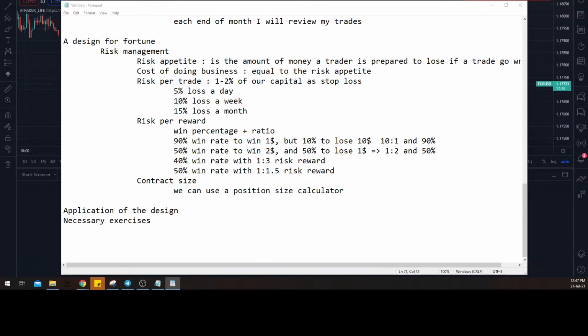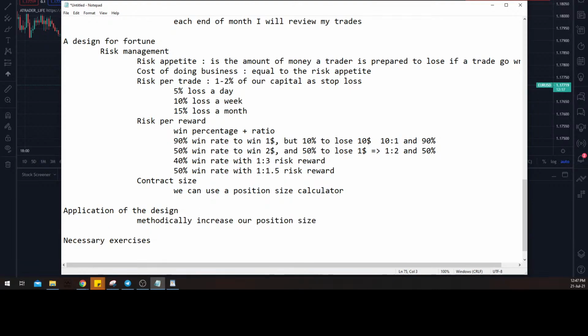In this case, the benefit of having a design for the fortune is that it's going to help you break down the next steps. This way we will learn how to methodically increase our position size.